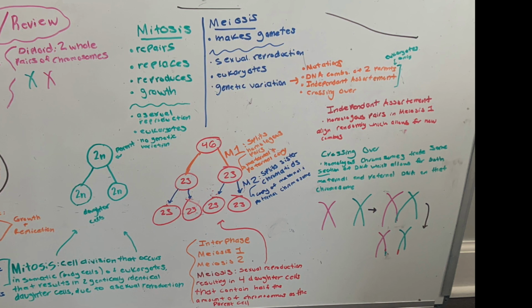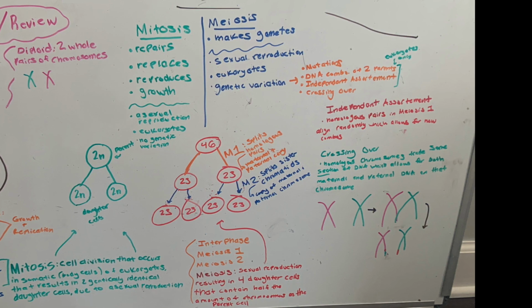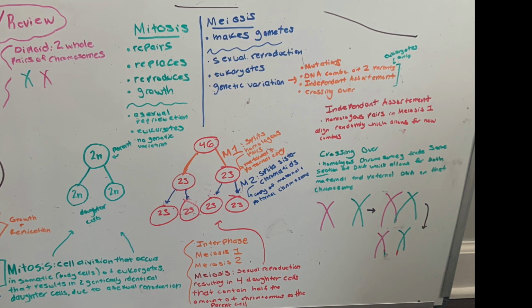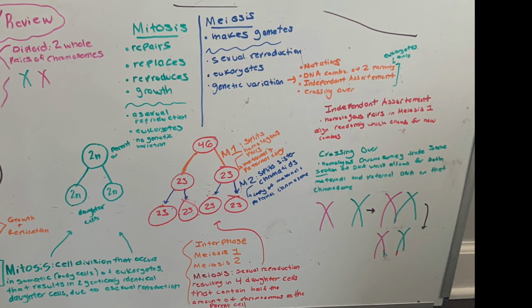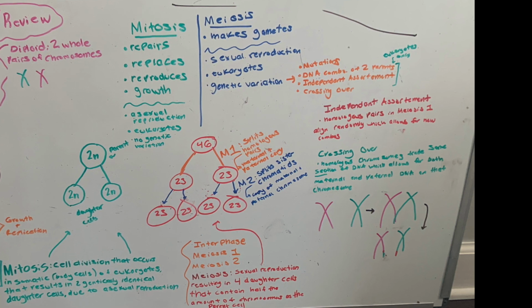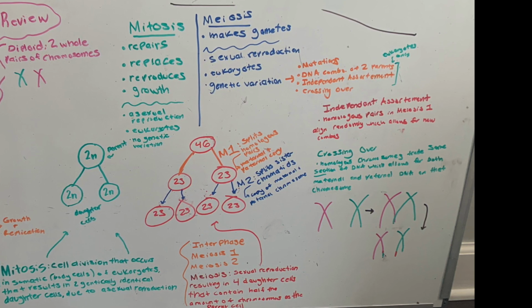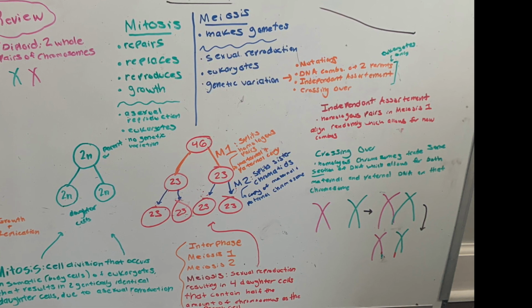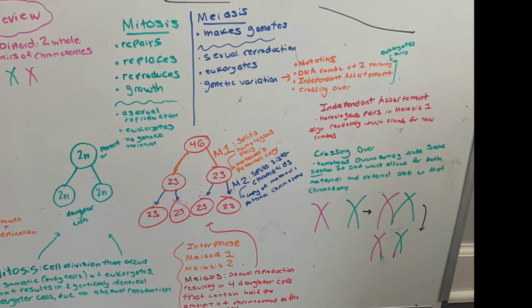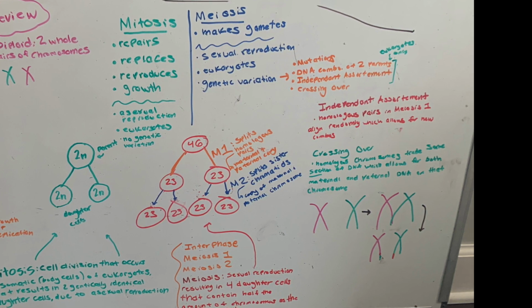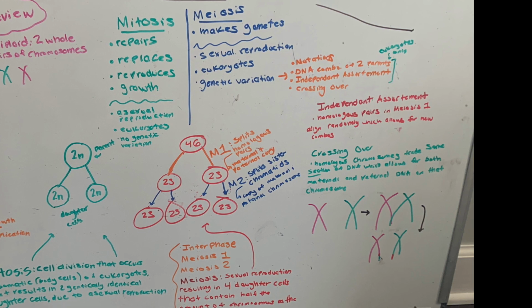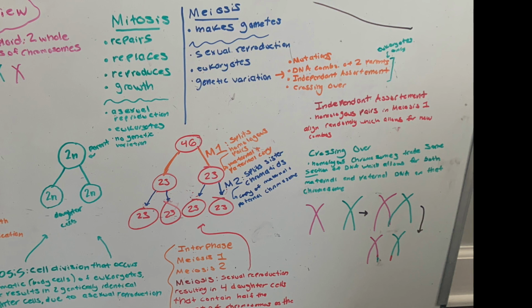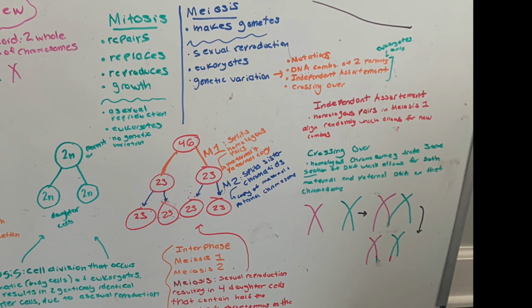So let's review what happens in meiosis 1 and meiosis 2. So we went through the process, but what are the big takeaways? So during meiosis 1, the homologous pairs split. So there is a maternal and a paternal copy, and those divide. And that relates to independent assortment because the homologous pairs in meiosis 1 can align randomly, which creates lots of new combinations.